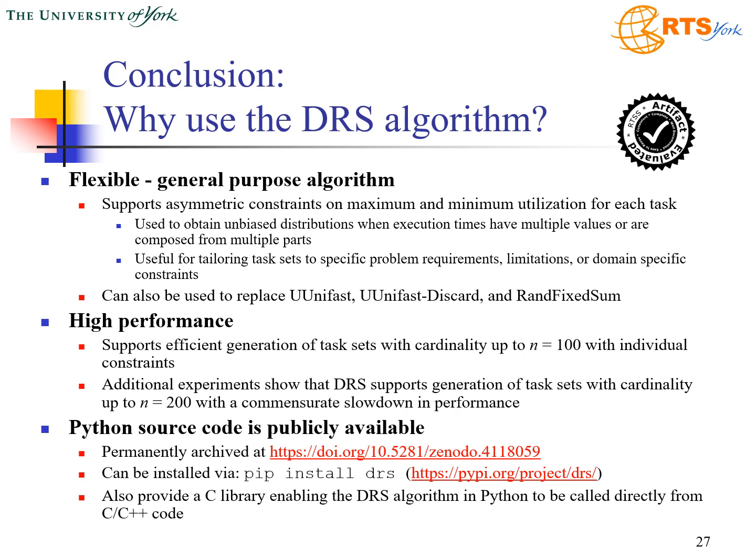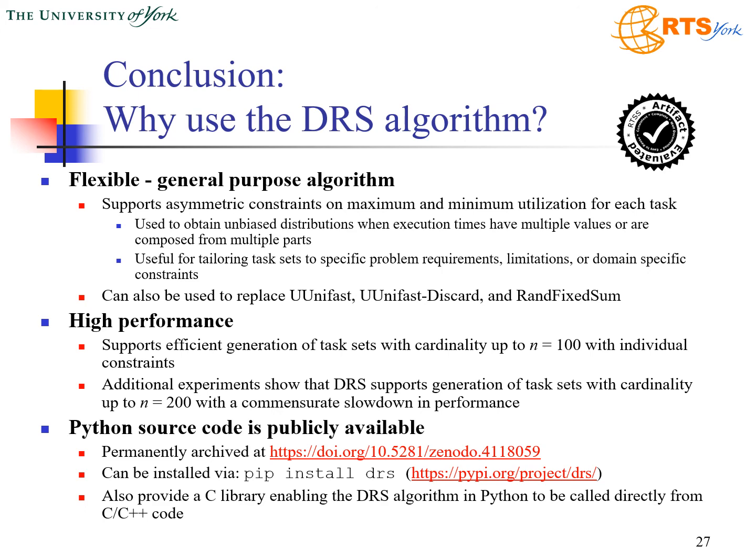In conclusion, why as researchers should we be using the DRS algorithm? Well, this is a flexible general purpose algorithm that supports asymmetric constraints on both the maximum and minimum utilization of individual tasks.